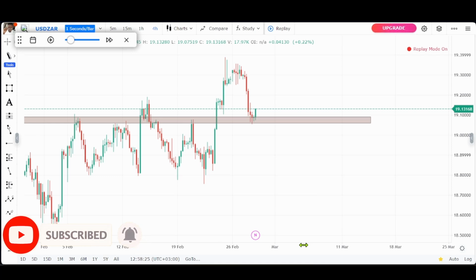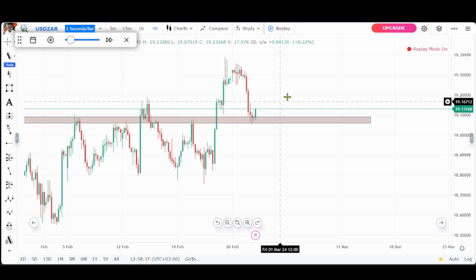Now, once the price breaks below the neckline, it indicates a potential shift from an uptrend to a downtrend. Basically, this is what I mean.